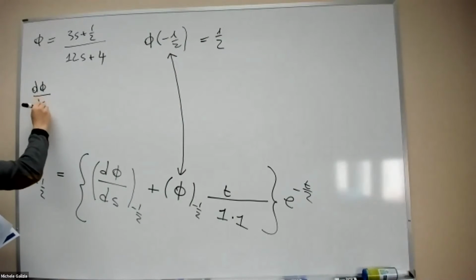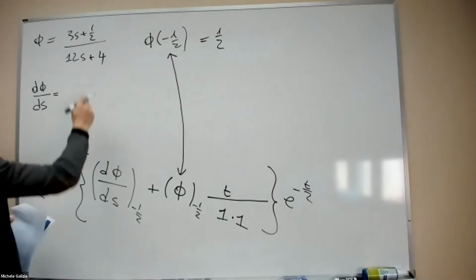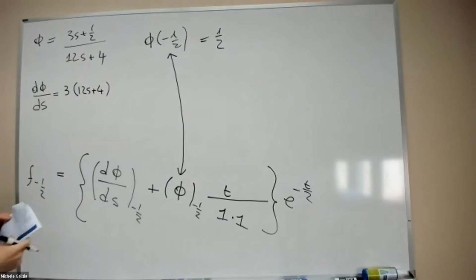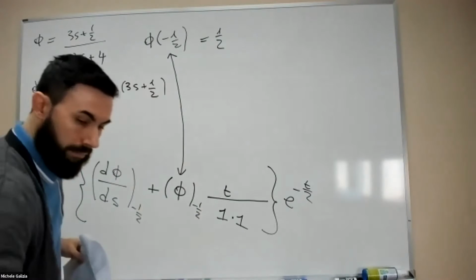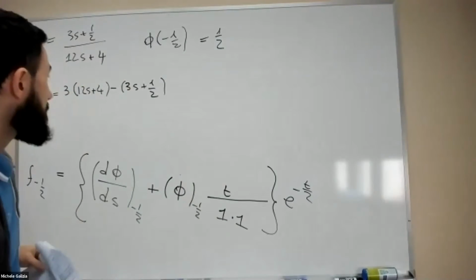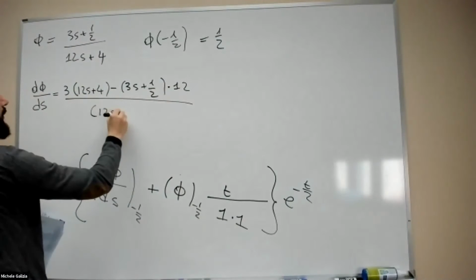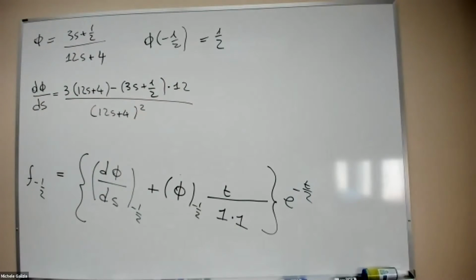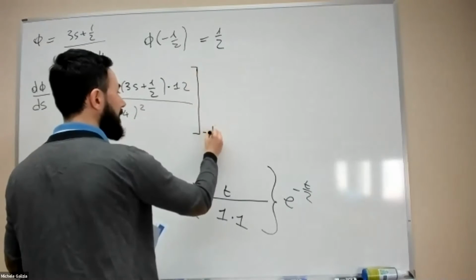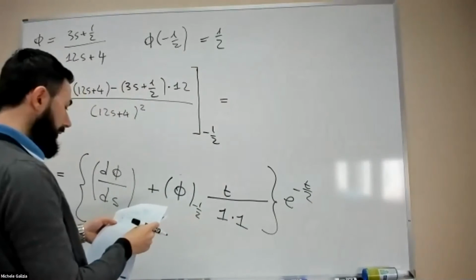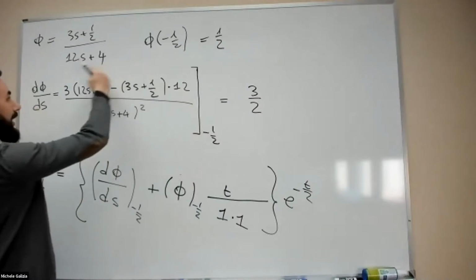Now, the derivative of phi with respect to s basically is the derivative of the numerator times the denominator minus the numerator times the derivative of the denominator, divided by the denominator squared. And basically, this derivative must be evaluated in -1/2. And you get 3/2. You need just to replace -1/2 in this expression.